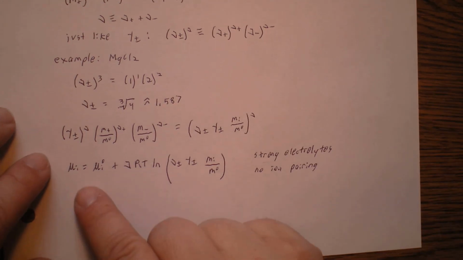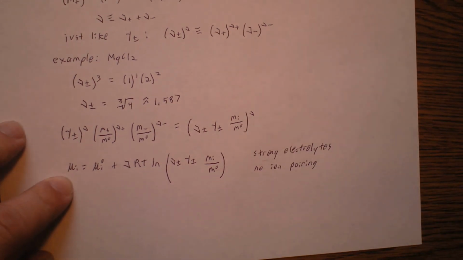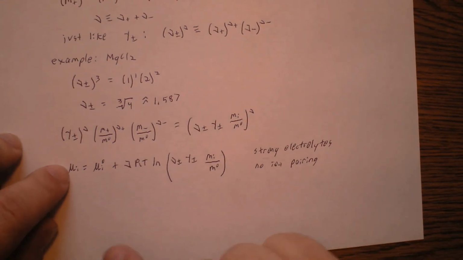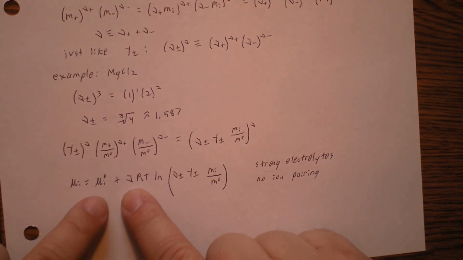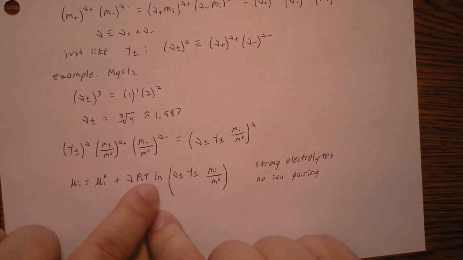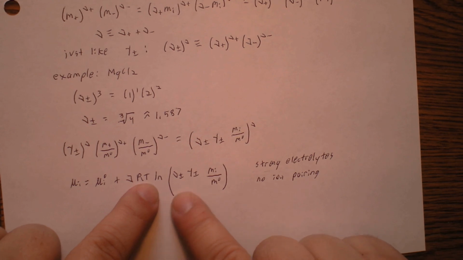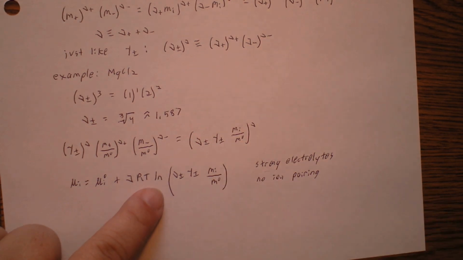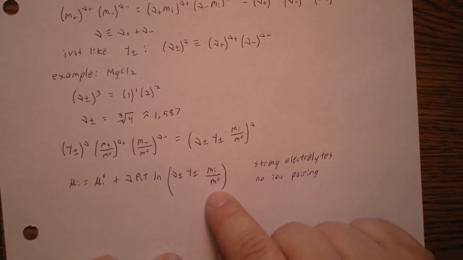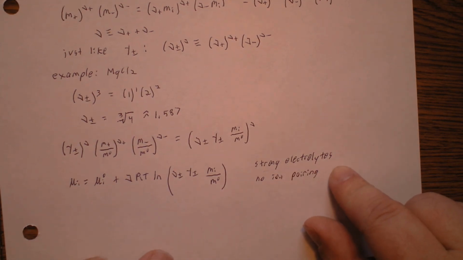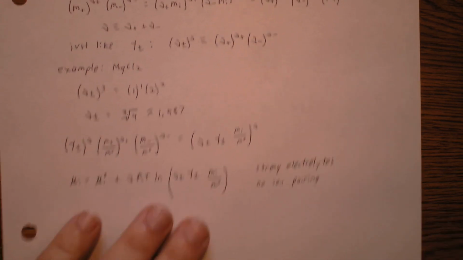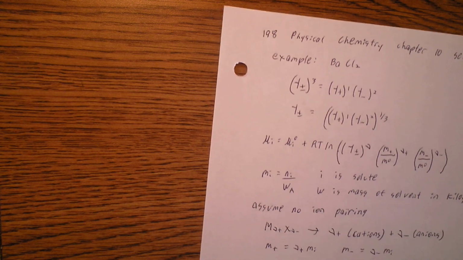So the chemical potential of the substance I is equal to the chemical potential of I in the standard state plus nu times RT times the natural log of nu plus minus times gamma plus minus times the molality of I divided by the standard molality. Now again, this assumes strong electrolytes and no ion pairing. Okay, that is the end of Chapter 10, Section 6.